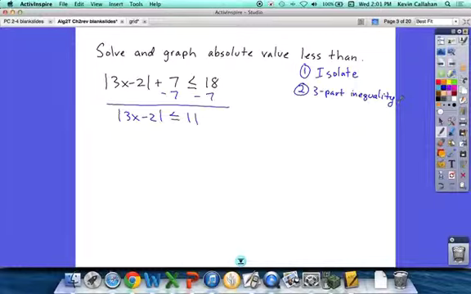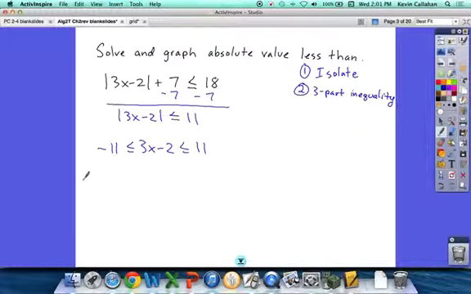What are the 3 parts? What goes on the left? Negative 11, right? Take that positive 11 and put a negative over here. So it's like this. Negative 11 less than or equal to 3x minus 2, less than or equal to 11. Right, that's the 3-part. It's telling you that this expression, which is inside, is in between negative 11 on the left, positive 11 on the right.